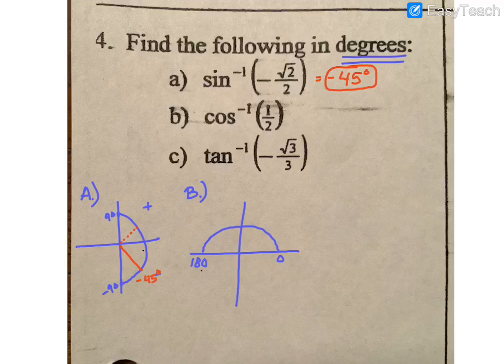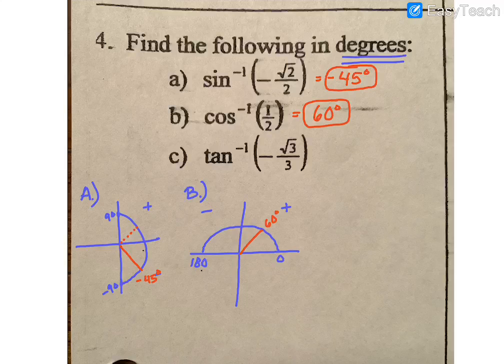Well, it's a positive 1/2, so that's going to be in quadrant 1, because quadrant 1 is our positive quadrant, and quadrant 2 is our negative quadrant. So if you go back to your chart, when does cosine equal 1/2? I know that happens at pi over 3, or in other words, 60 degrees. Because it's positive in quadrant 1, it's 60 degrees.